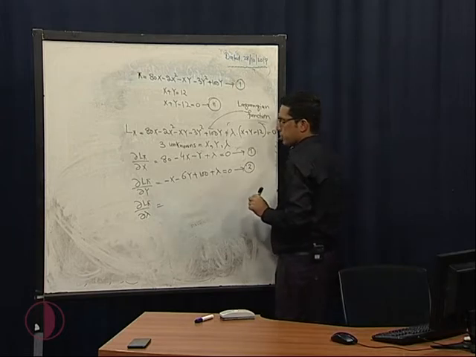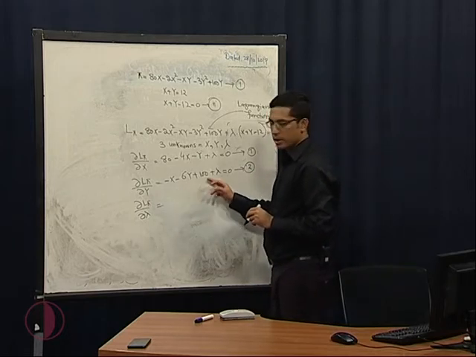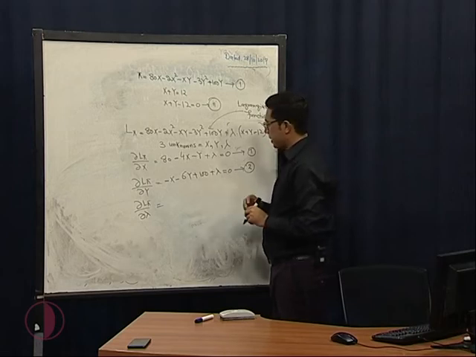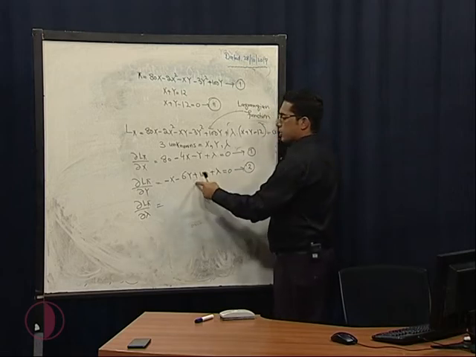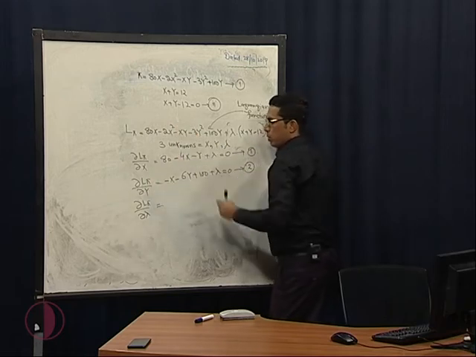Suppose this is equation 2: minus x minus 6y plus 100 plus lambda equals 0. This was the partial derivative of the Lagrangian function with respect to y.